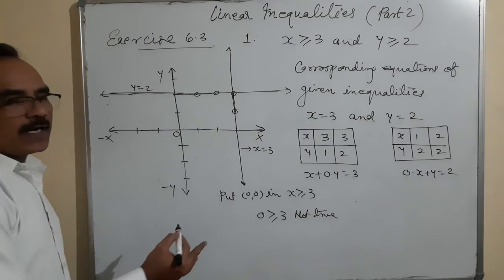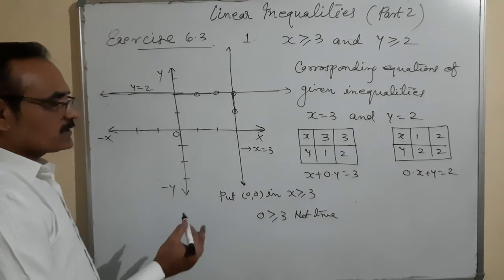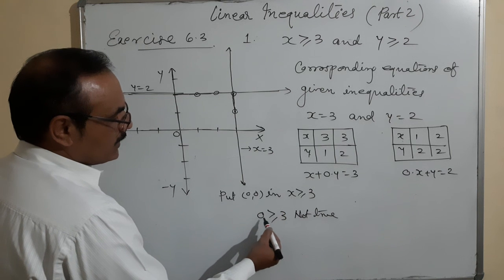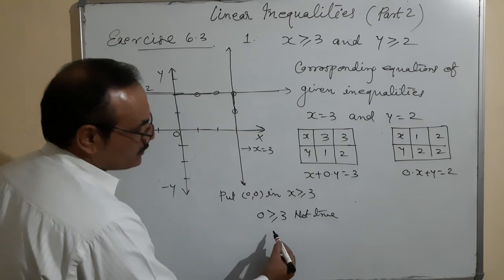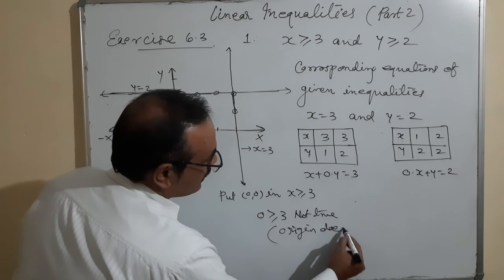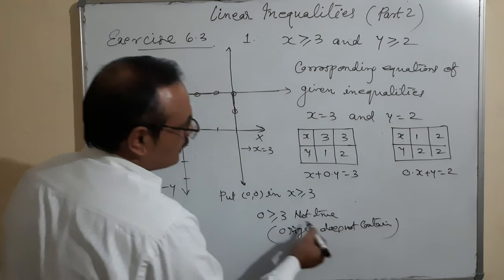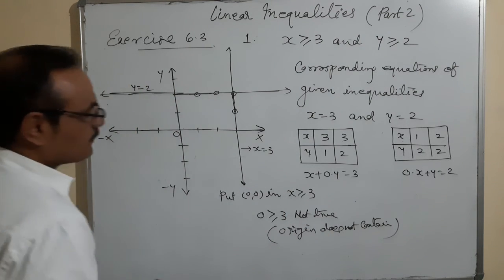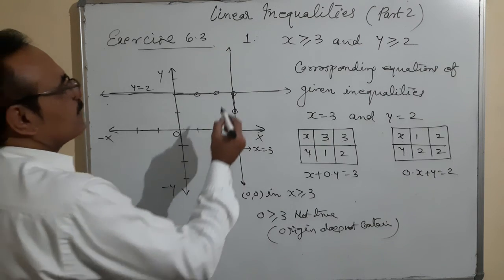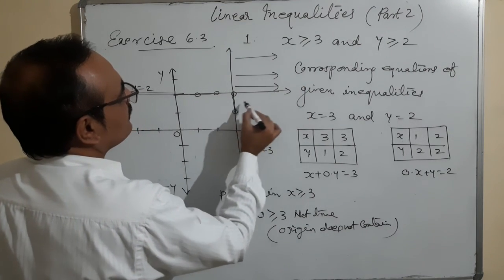We can write here origin does not contain. Put 0, 0 in that. So we can write here 0 is greater or equal to 3, origin does not contain, or not true, whatever it is. Origin does not contain for this x is equal to 3. So that means the shaded portion is away from the origin.